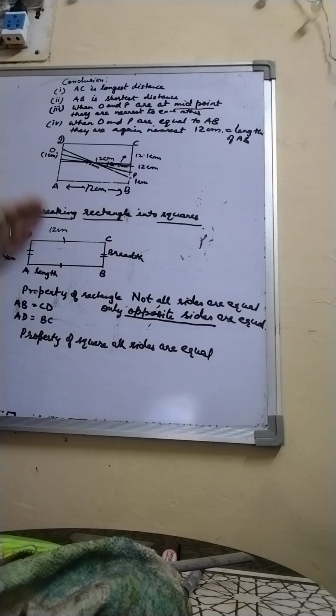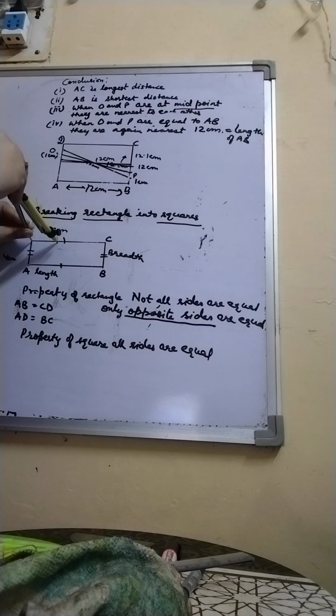So how can you break rectangle? इसको square कैसे बनाएं हम? तो आपके पास जो shortest distance है वो कितना है? 4 centimeter का. So I will open the compass 4 centimeter and cut an arc equal to 4 centimeter on CD because I need a square.